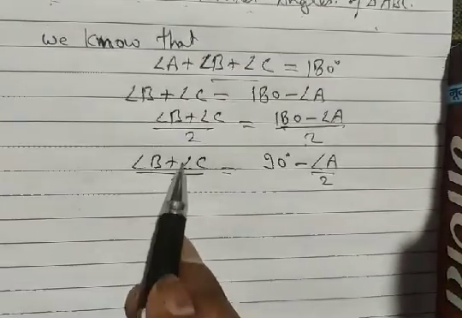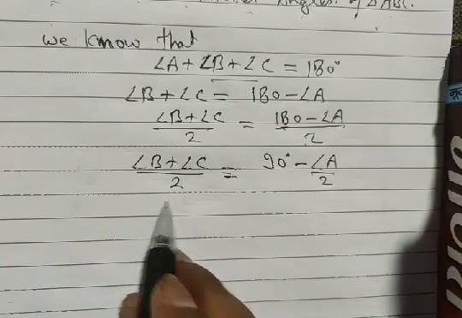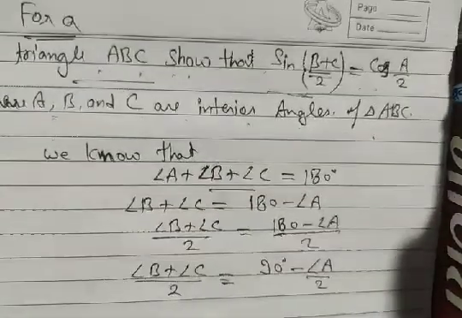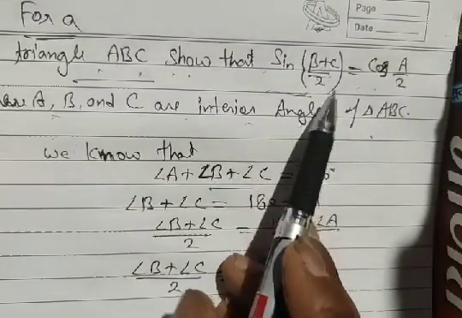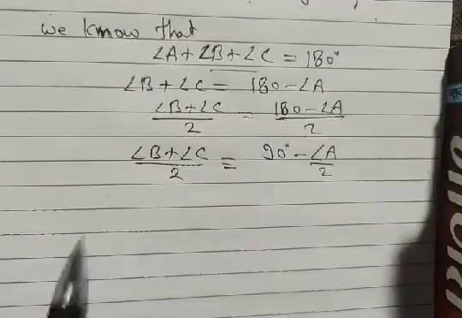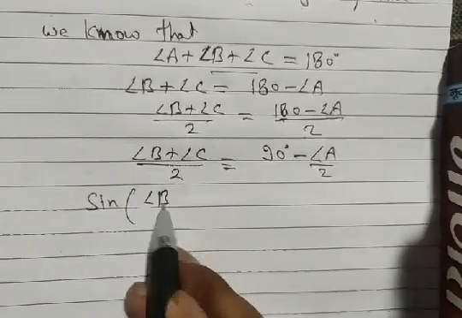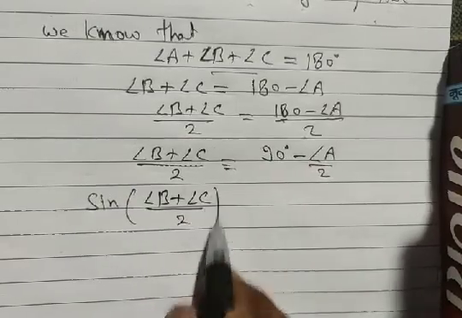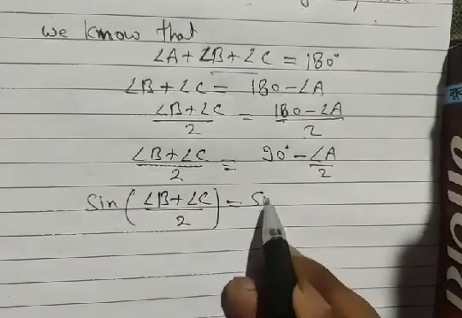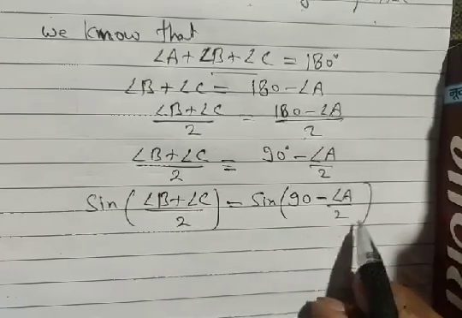So angle B plus angle C by 2 is equal to 90 minus A by 2. Now we need sin of (B + C)/2, so we take sine of both sides: sin((B + C)/2) is equal to sin(90° − A/2).